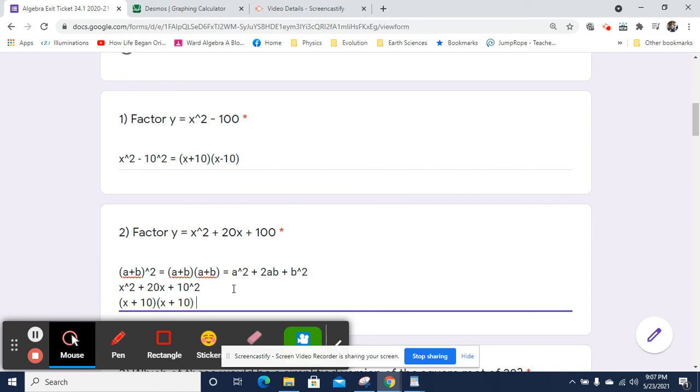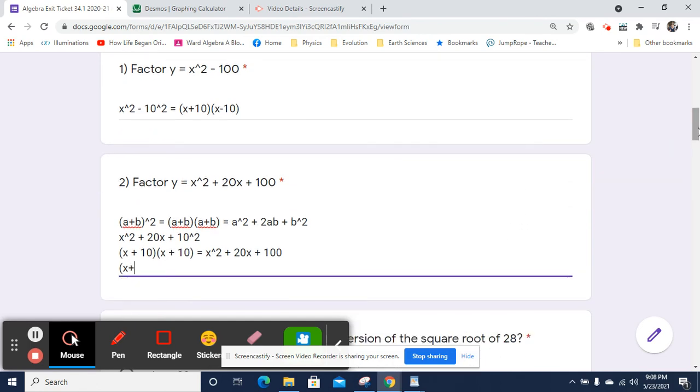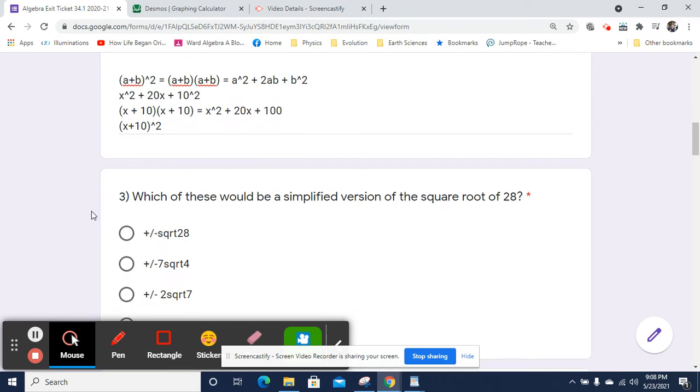And that's going to work out to, of course, x squared plus 10x plus 10x plus 100, and that simplifies to 20x in the middle. So we have a perfect square, x plus 10 squared. There you go. Now let's take a look at the next one.